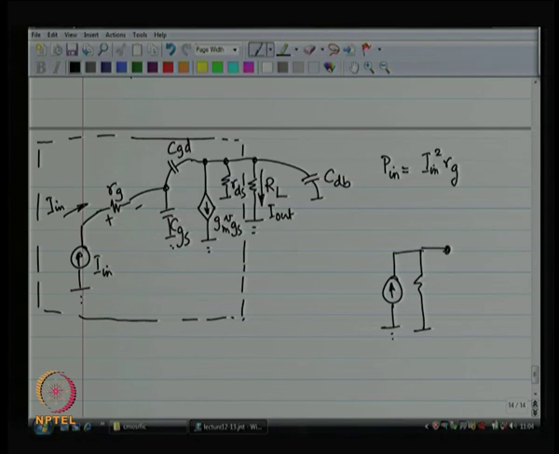So, this is going to be the model of the MOSFET etc.